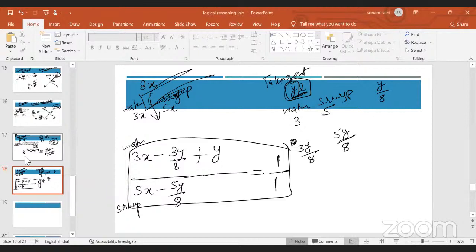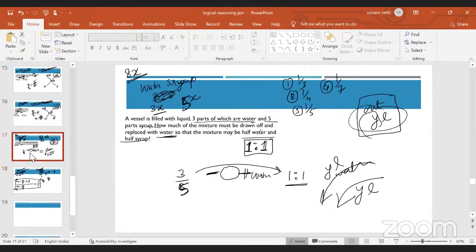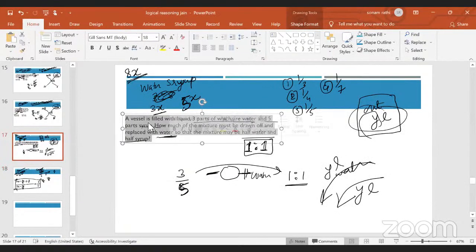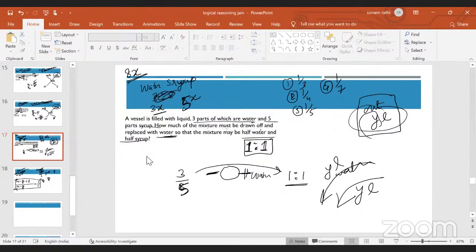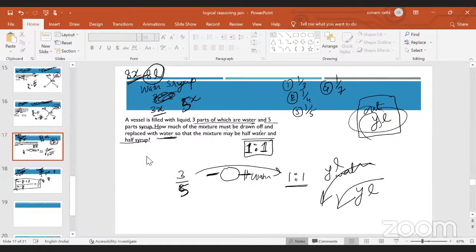Or in fact, if you want to make it easier, instead of taking the initial as 8x, take 8 liters. Much easier. Anyway, they are not asking you the exact quantity, they are asking how much of the mixture. The options are 1/3, 1/4, 1/5, 1/7.